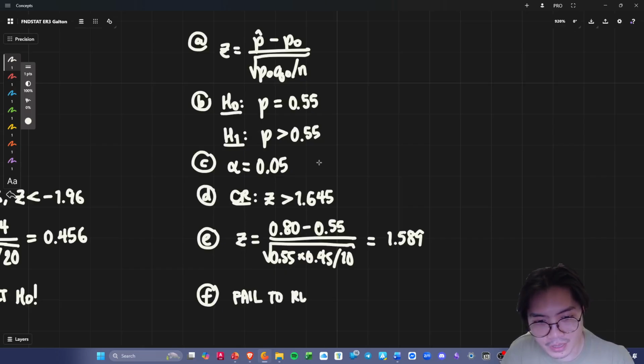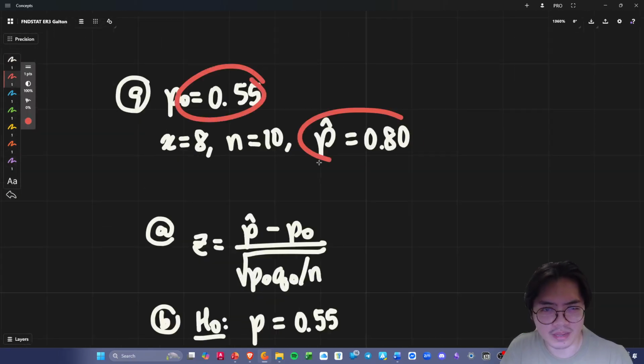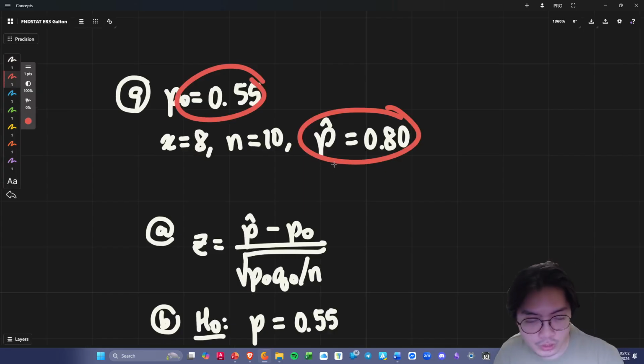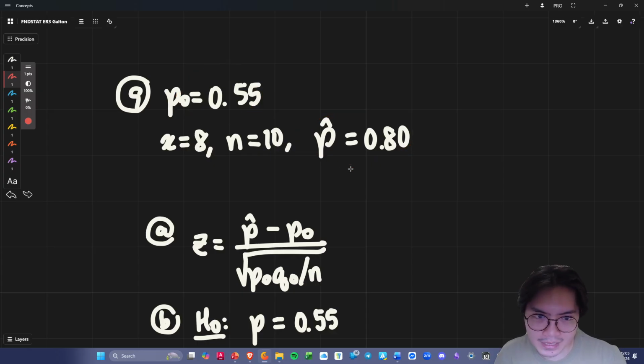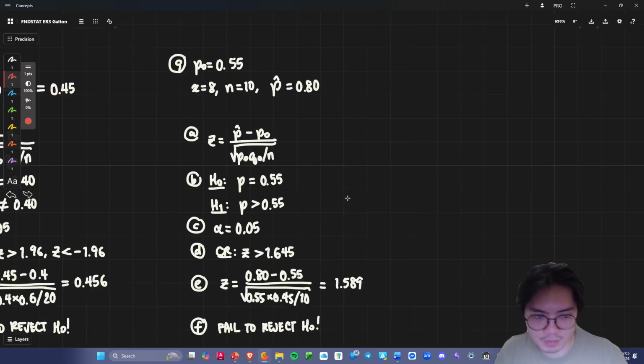Okay, and I'm a little bit in disbelief because the difference is so wide, 0.55 and 0.8, but apparently because we only have 10 samples, we can't rely a lot on this value 0.8, because maybe they really just picked more people who are in favor of capital punishment.